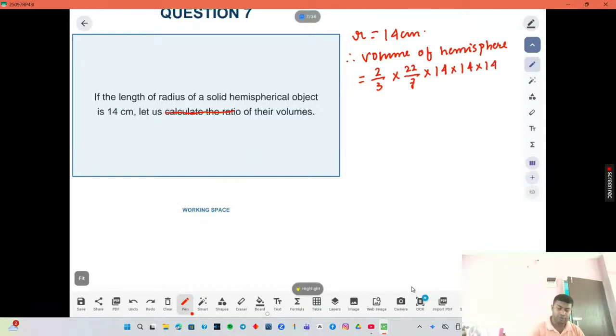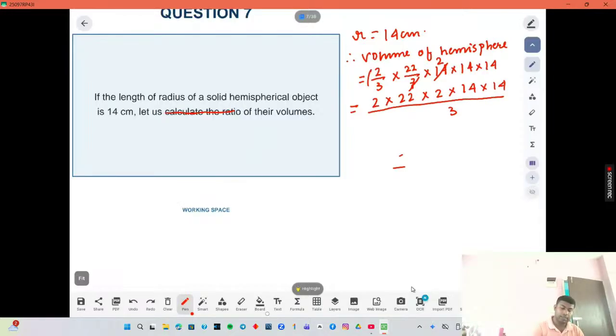What is the volume of a hemisphere? The formula for the volume of a hemisphere is 2 by 3 pi r cube. Now we just have to calculate it and find the value. After calculating, we get 2 into 22 into 2 into 14 into 14 by 3.